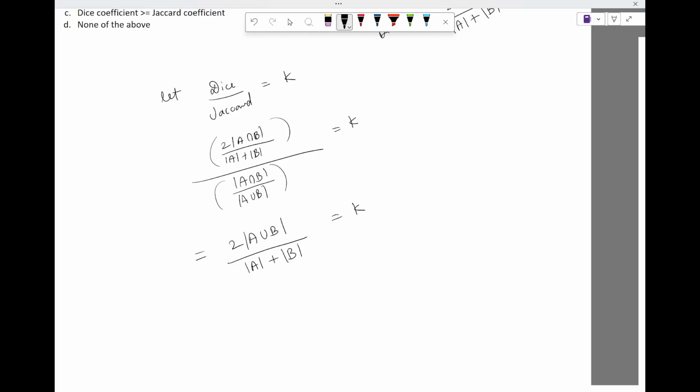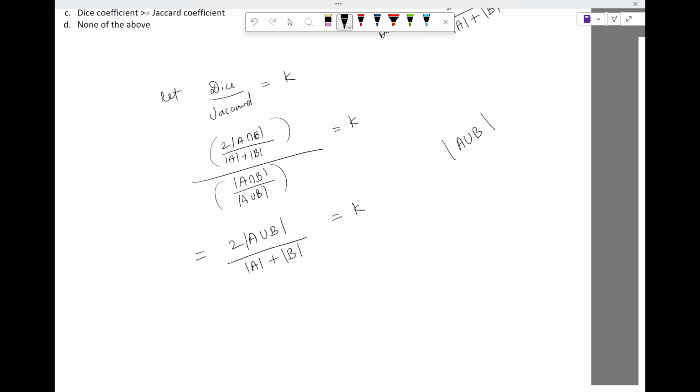Now maybe I can write this in terms of true positive and so on. A union B is what? It is the set of all pixels which are predicted as 1 by ground truth as well as the prediction.